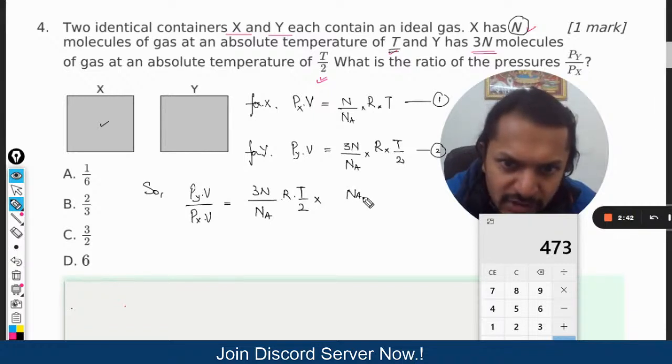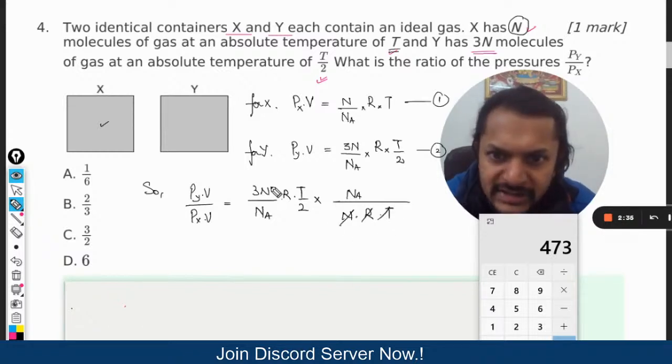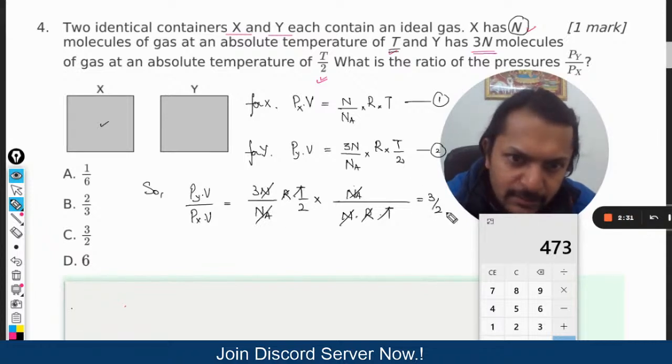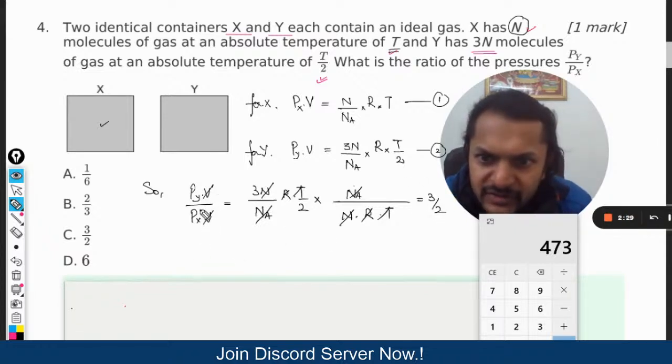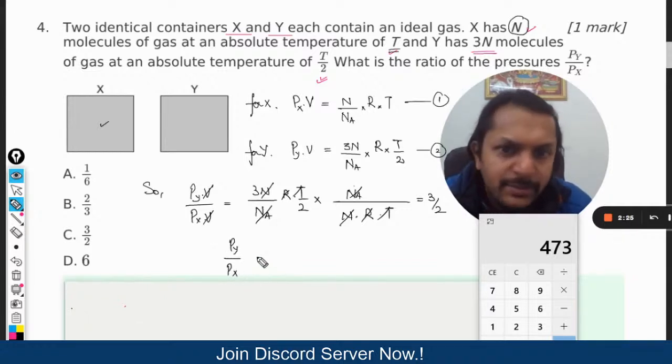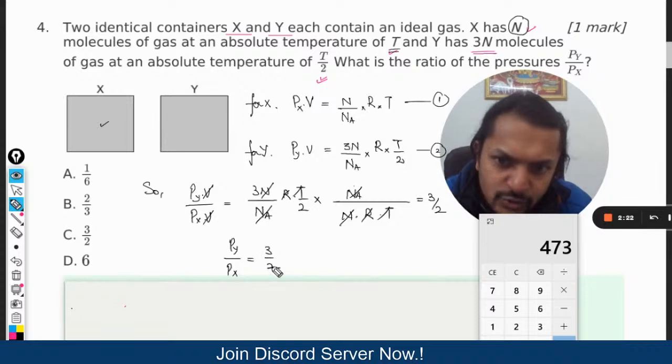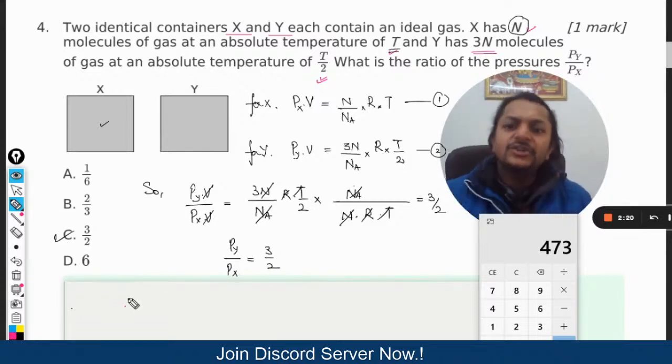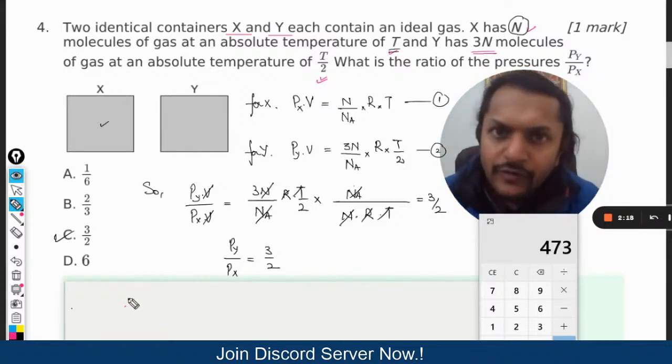So the reciprocal is Na becoming the numerator, N into R into T. All these things will get cancelled out and it will be 3 by 2. And V is also getting cancelled. So we get Py divided by Px is equal to 3 by 2, and C should be the answer for this.